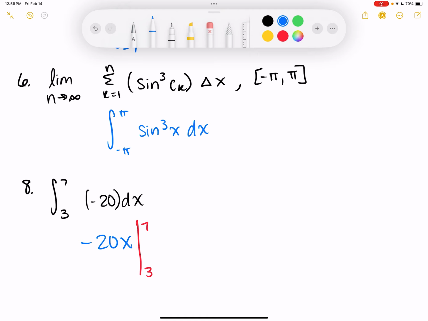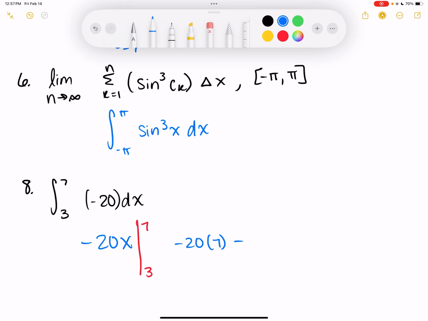So it's always evaluated from the top minus the bottom. So negative 20 times 7, minus... I know that line thing wasn't in the notes. Well, I don't think I did an example in the notes for you, did I? No, but you did show us the tall S thing though. Well, yeah, because you have to know what that is.